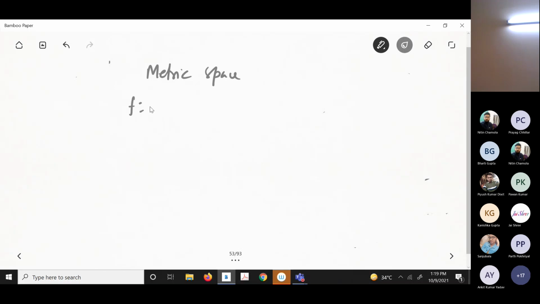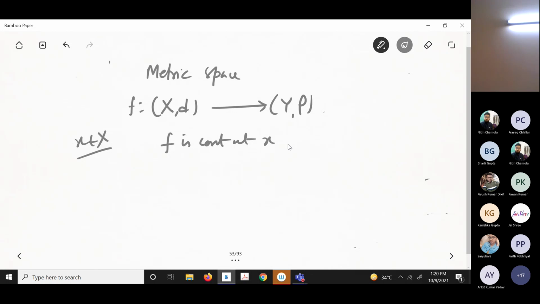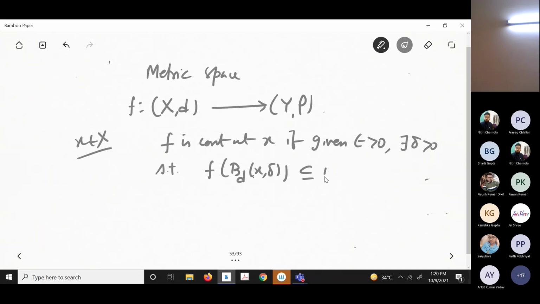If we have a function f between two metric spaces, and x belongs to X, then f is continuous at x if, given epsilon greater than 0, there exists delta greater than 0 such that f of B_d(x, delta), this is a neighborhood of x, is contained in B_rho(f(x), epsilon).